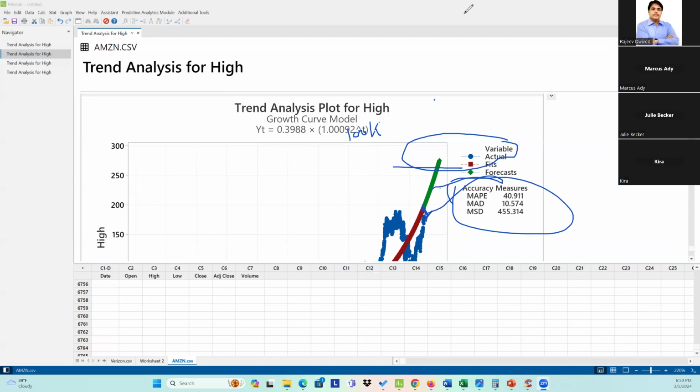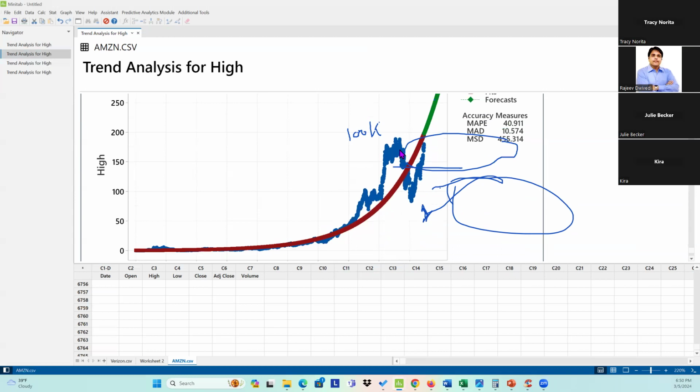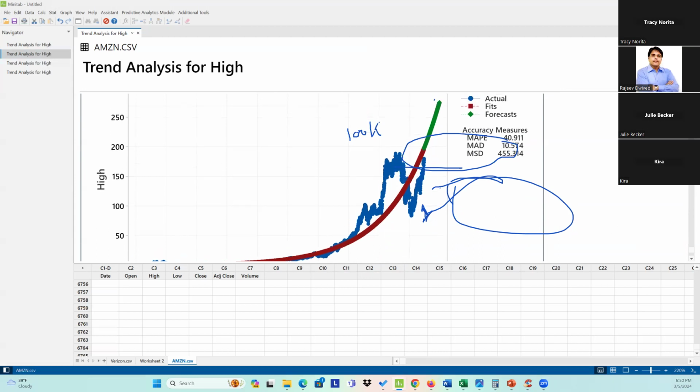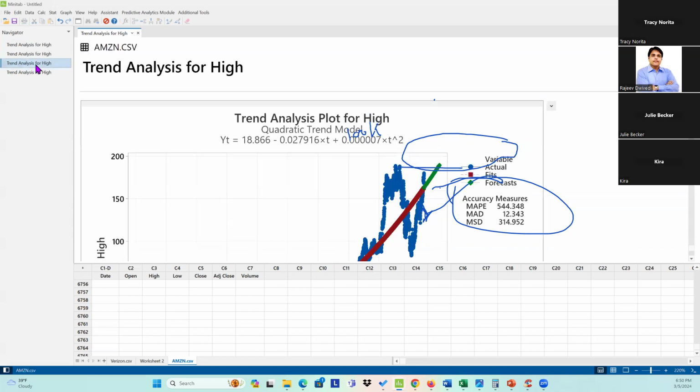Yes, and by looking into the plot, you can clearly see this plot is almost overlapped on the actual data. See, at the beginning it is clear, and this is very clear in the recent part. The direction of this forecasted trend is almost going in the same direction as the actual data. So you can see this is the best as compared to this, because here you can see the direction.